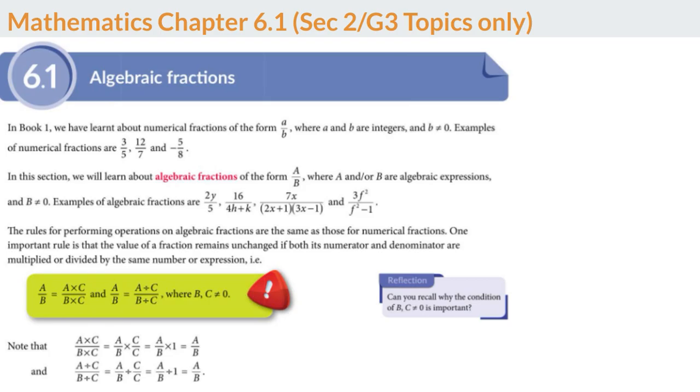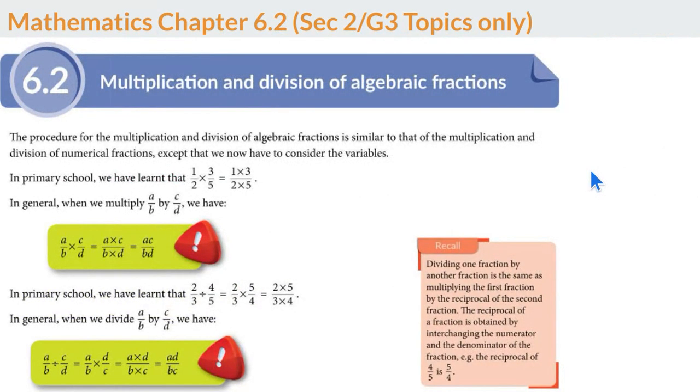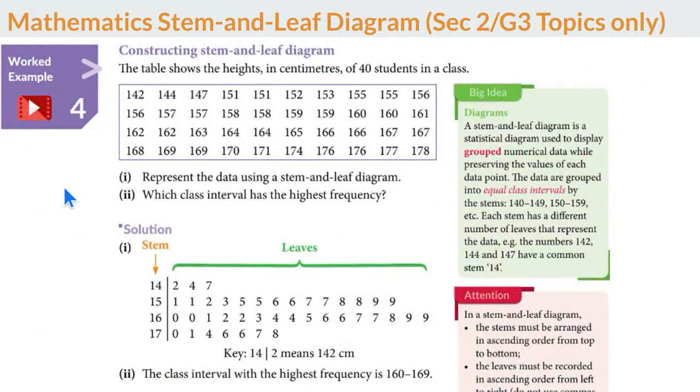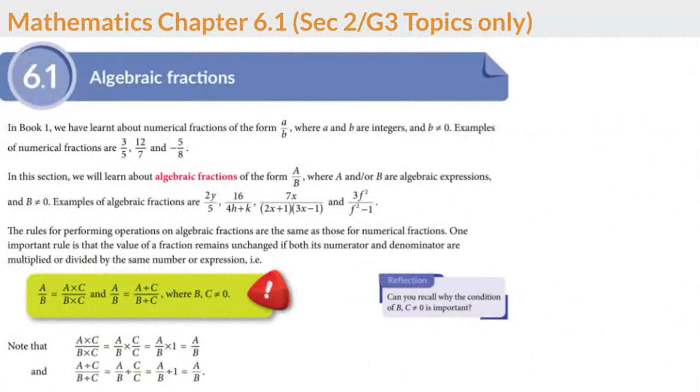6.2, nothing much here. It's just that you need to times them out. 6.1 is basically, sorry, wait, please hold on. For 6.1, these are just rules.